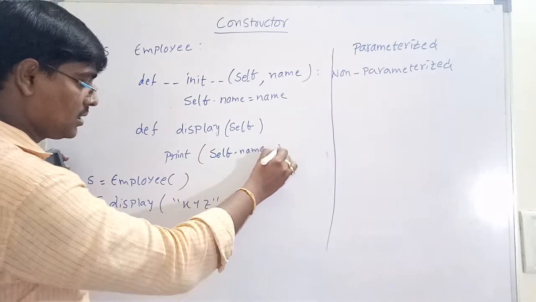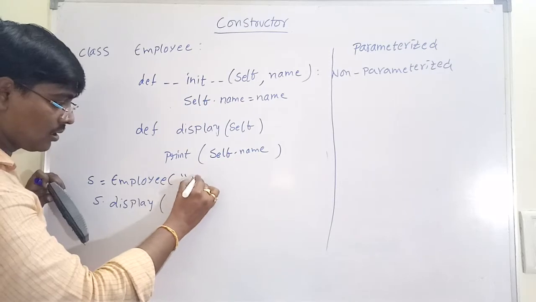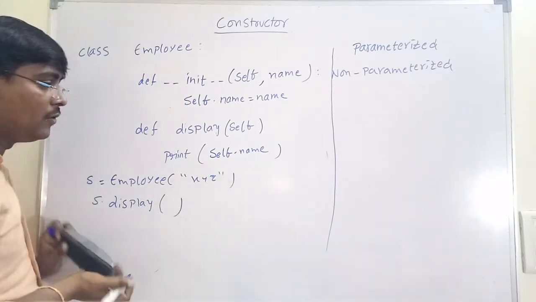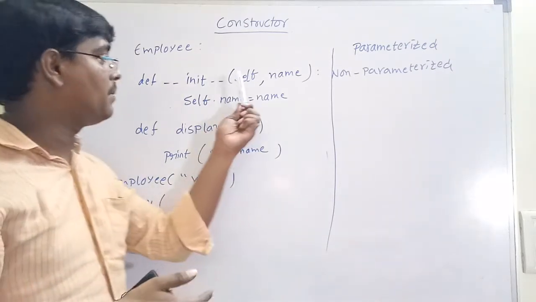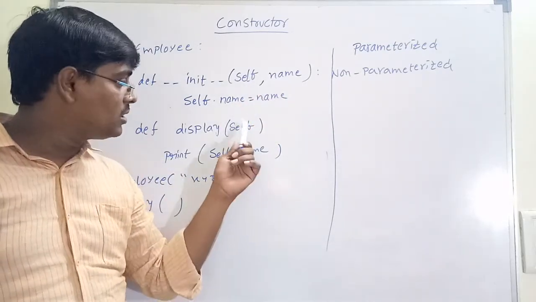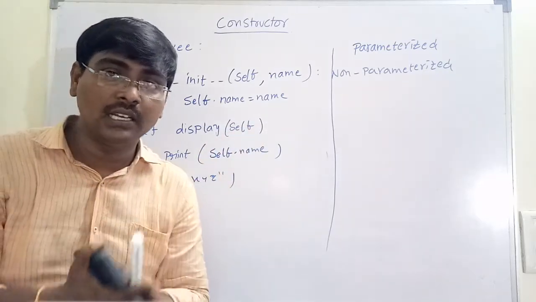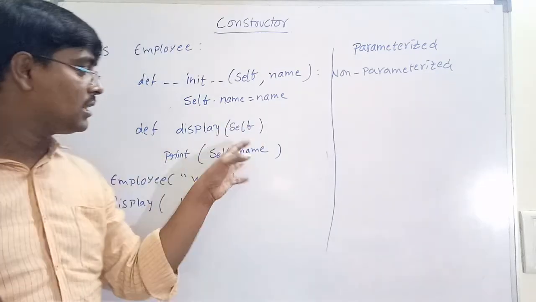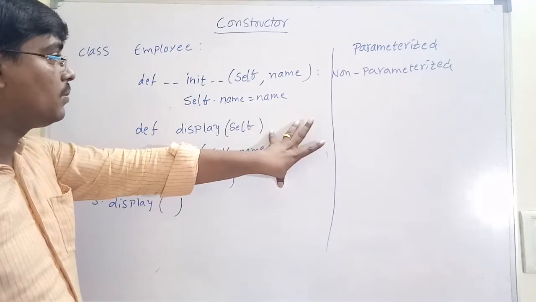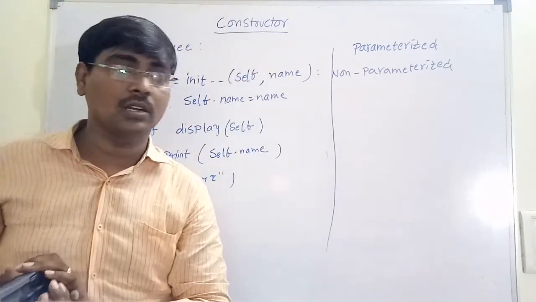You observe the difference. Now XYZ. If you want to access the class members, you have to write this. In the previous case the name is inside display, so there is no need to use self dot name. This is an example of a parameterized constructor, and the first example is also a parameterized constructor.